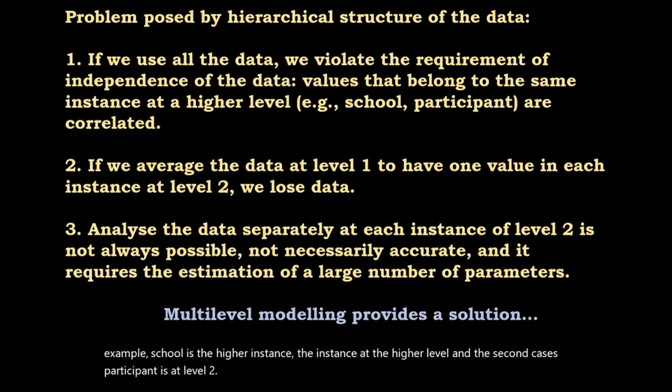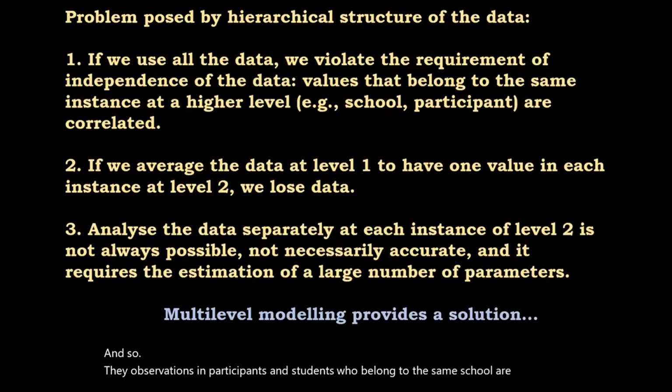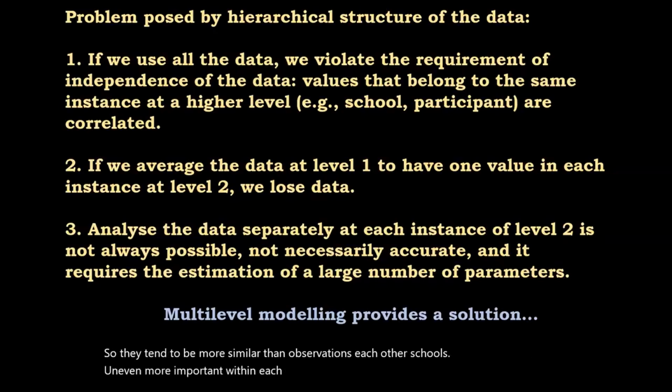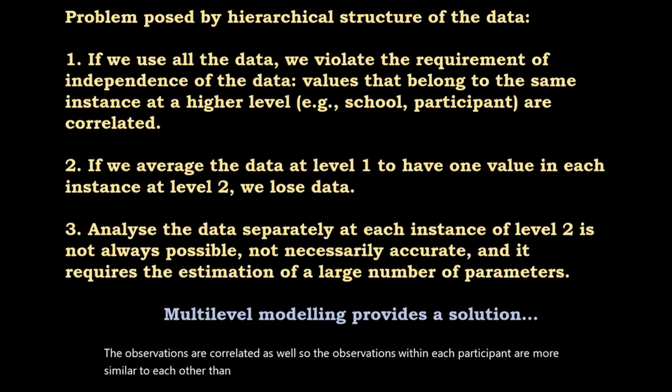So students who belong to the same school are correlated, so they tend to be more similar than observations in other schools. And even more important, within each participant, the observations are correlated as well. So the observations within each participant are more similar to each other than observations within other participants.